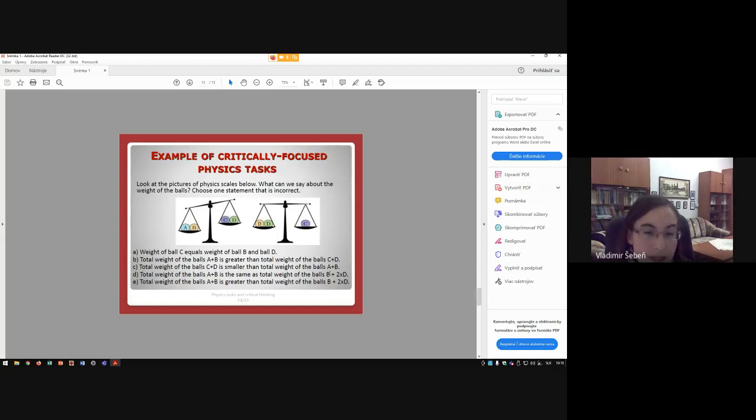So the students' task is to look at the picture, think about the weights of each ball, and choose the one correct answer from the 5 options we gave them. As you can see, this physics task is a bit more difficult than the previous one, because it is focused on detecting the second level of critical thinking, and it is synthesis thinking.